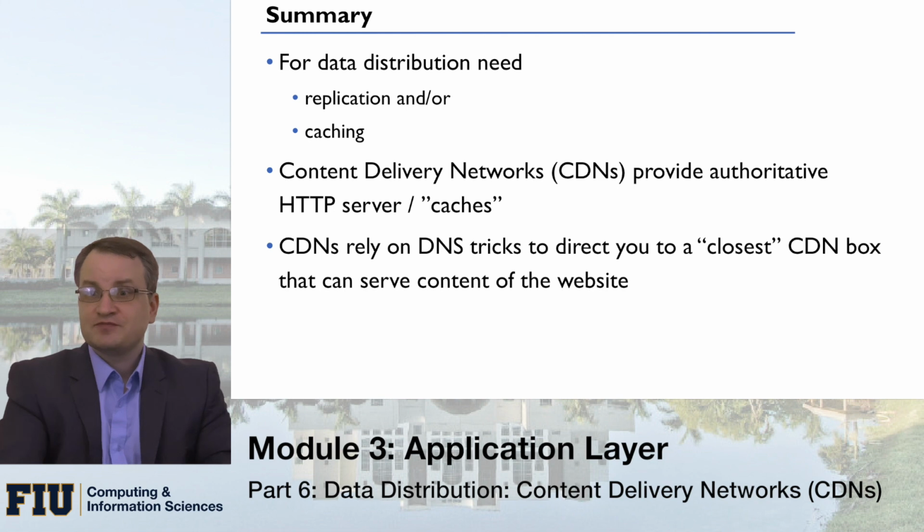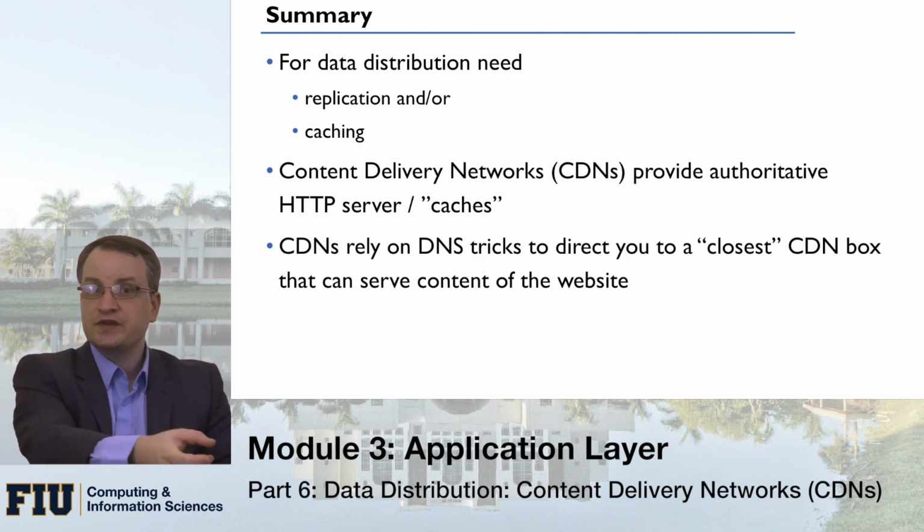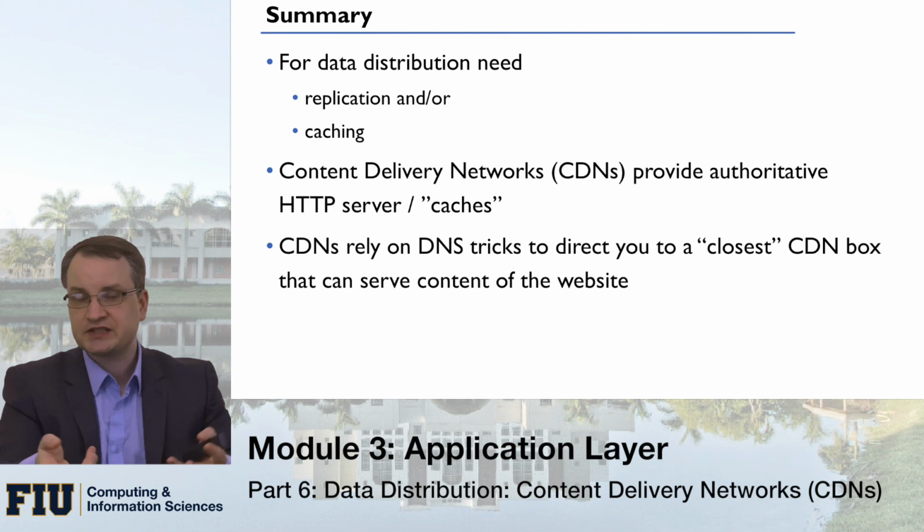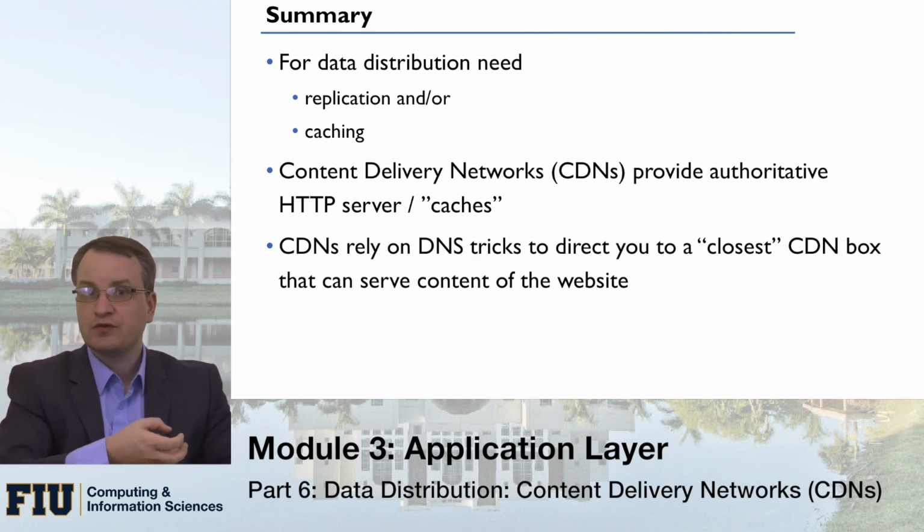And to summarize, for the client-server model for data distribution, you really need to have enough capacity to serve clients. To have this capacity, you either provide enough servers in different places, or you introduce caching. As part of this effort to introduce both some form of caching and some capacity of authoritative servers, content delivery networks deploy servers that can act as both, in different places of the network.